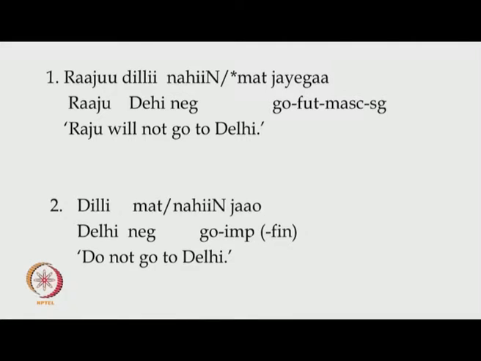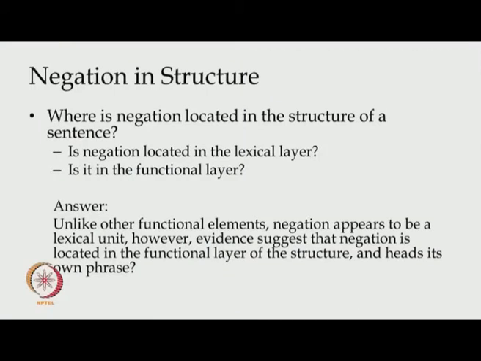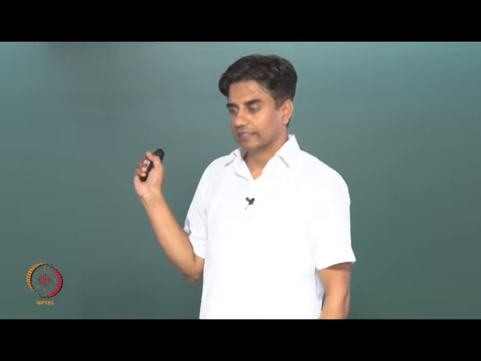Okay? Now, we saw the phenomenon that we just discussed with reference to Telugu, how it works in Hindi. Then we questioned the presence of negation in the structure of a sentence, and we saw with examples last time that negation happens to occur in the functional domain, specifically below tense and above aspect phrase.